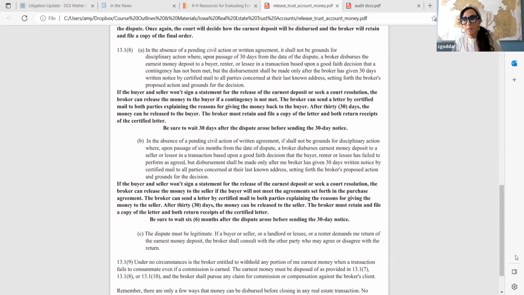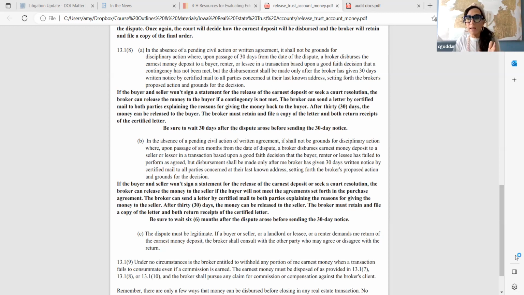I get mad. I'm like, I want that money. Well, number one, me getting mad doesn't contest this rule. It says in the absence of a pending court action. So because I call and complain to the broker on the phone, the broker keeps moving forward to give the money to Amy.